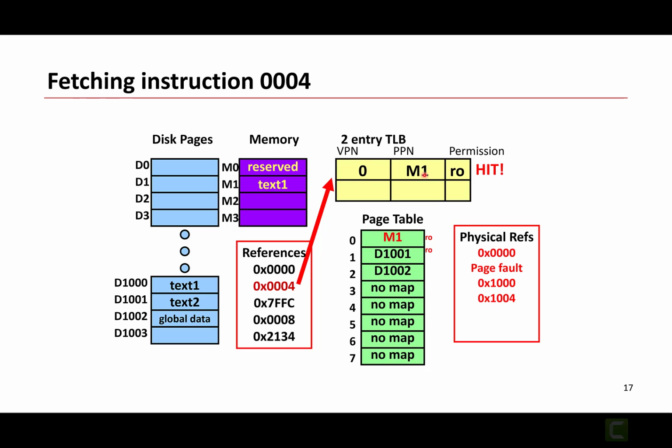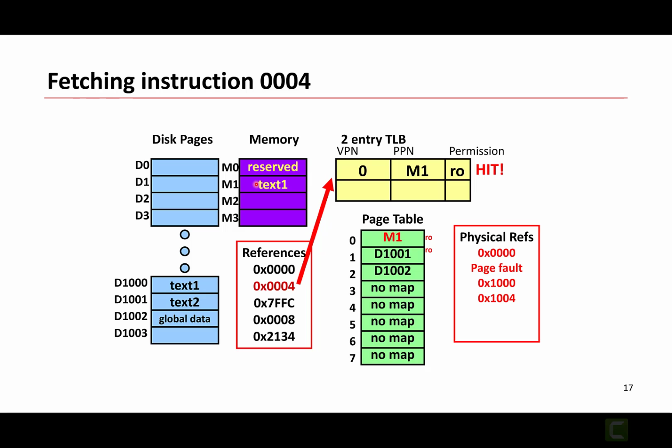It says page number 0 has to be translated into physical page number 1, and then we can slap the offset to the end, and then we get the full physical address, which is 1004. And so this is not a page fault because again we have brought the page to the main memory before, and the corresponding address 1004 would be accessed, and then you can go on from there.